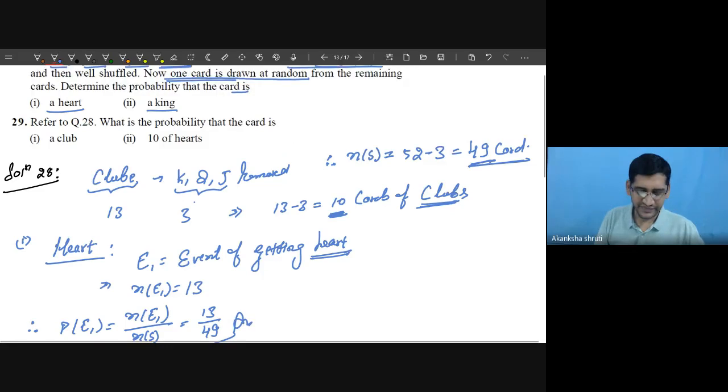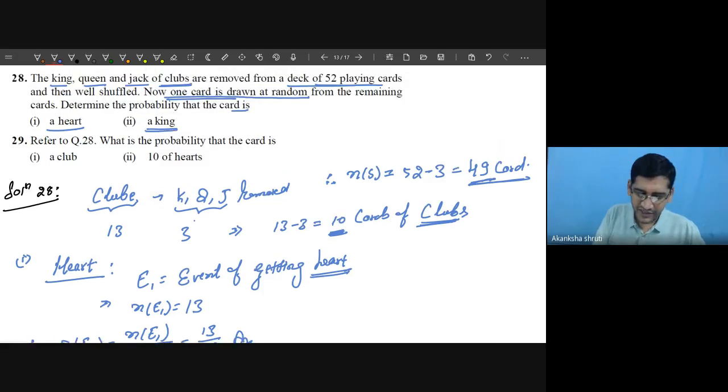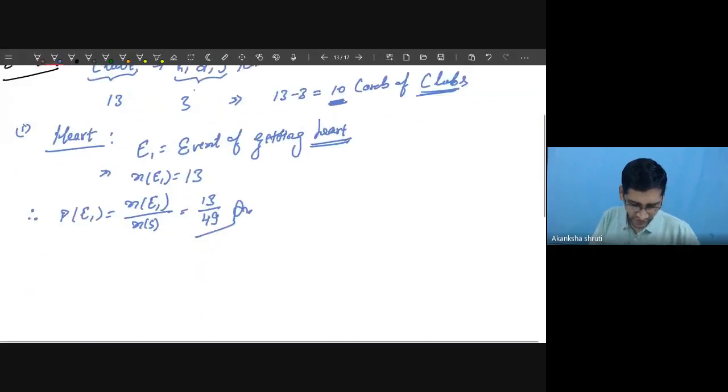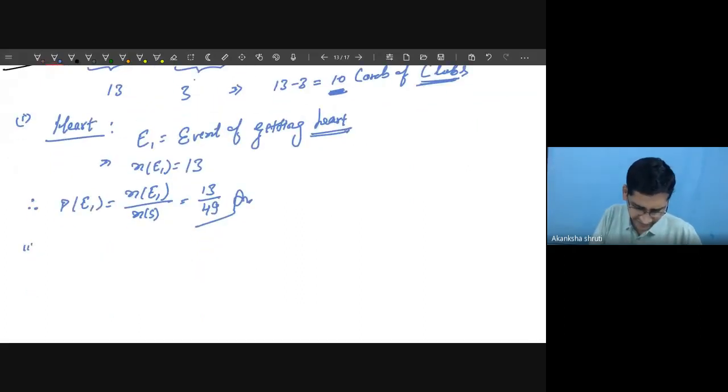Now it is asked for a king. Only the king word is written. It is not stated for which kind of king. So student, total there are 4 kings. If we are talking for the kings, so there are total 4.